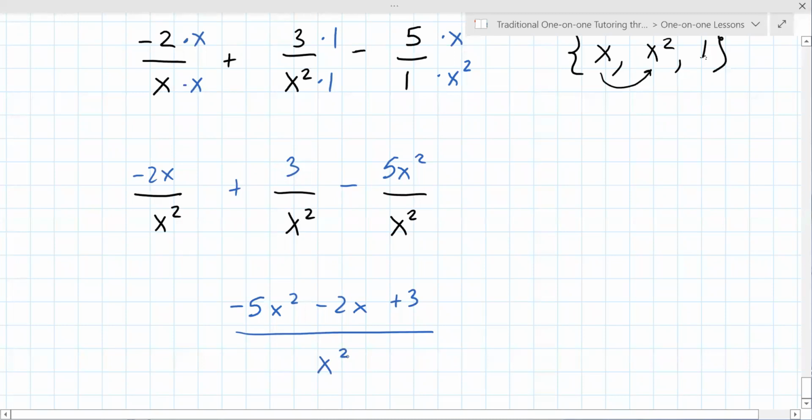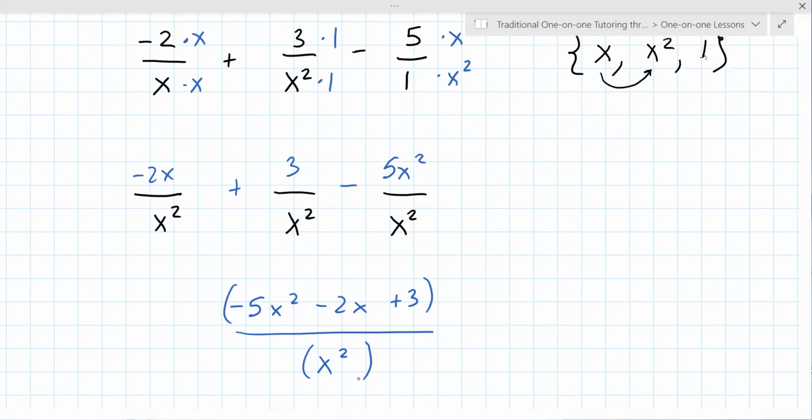Now, does anything cancel? I don't think so. It has to be exactly the same in the top and the bottom, in parentheses, exactly the same. Like the twins you see at school, they're exactly the same.